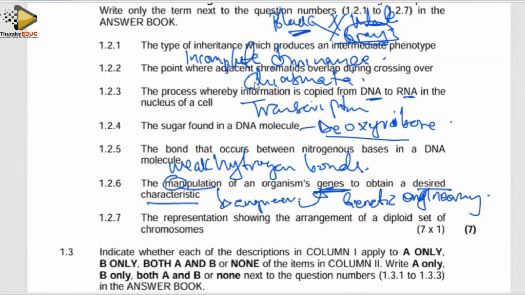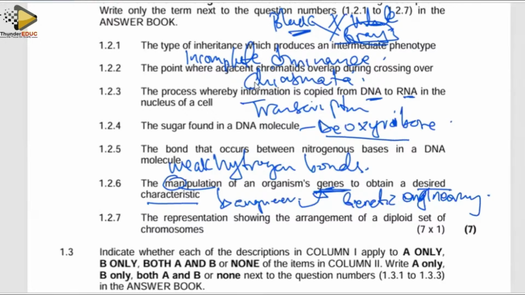Since you are manipulating the genes, therefore it's going to be genetic engineering. The representation showing the arrangement of a diploid set of chromosomes. How do you call that? If you look at them, there are sets from chromosome pair number 1 to the last chromosome pair.